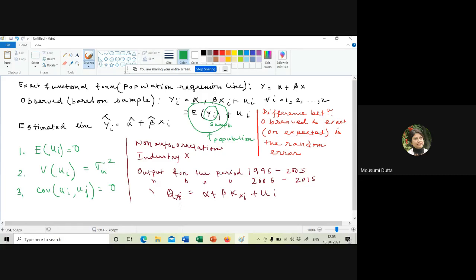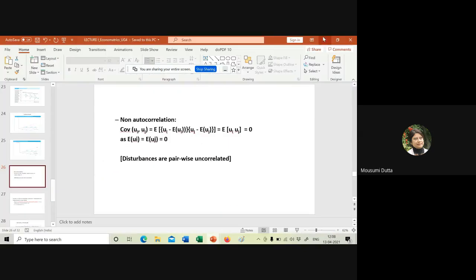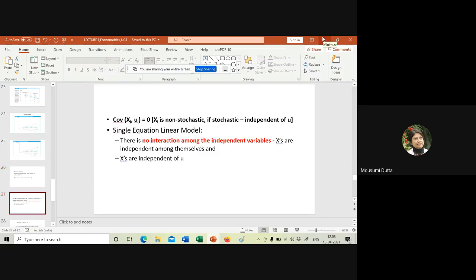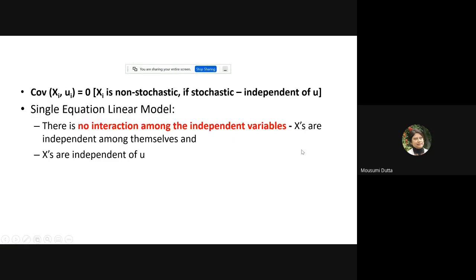So next I'll go for the fourth assumption. This assumption is related to xi and ui. So I'm writing the regression model once again.